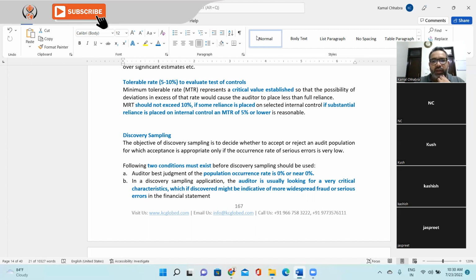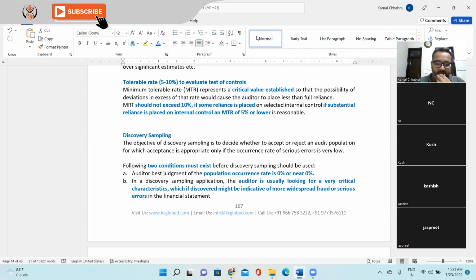The minimum tolerable rate should not exceed 10% if some reliance is placed on selected internal control. If substantial reliance is placed on internal control, a minimum tolerable rate of 5% or lower is reasonable.